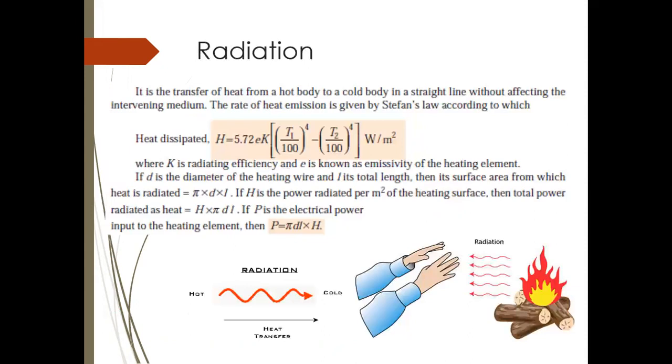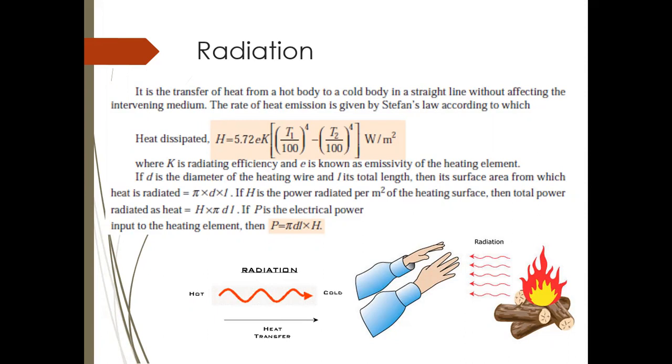Okay, the next process of electric heating is radiation. In this process, heat is transferred from a hot body to a cold body in a straight line without affecting the intervening medium.